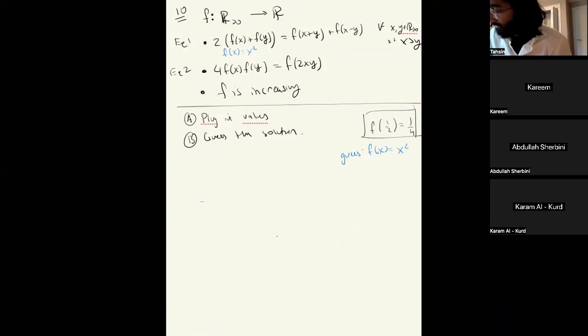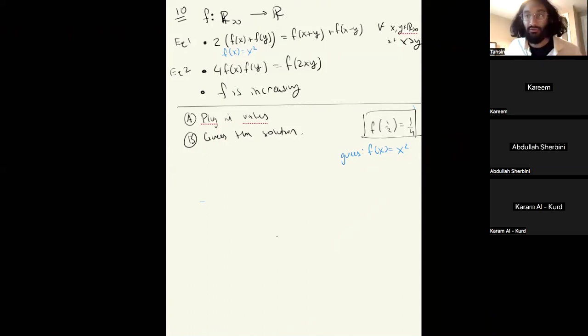Now what is often a good idea to do at this stage is to just start gathering information about f, whatever you can learn. Can we maybe combine the two equations in a way that's helpful to us?